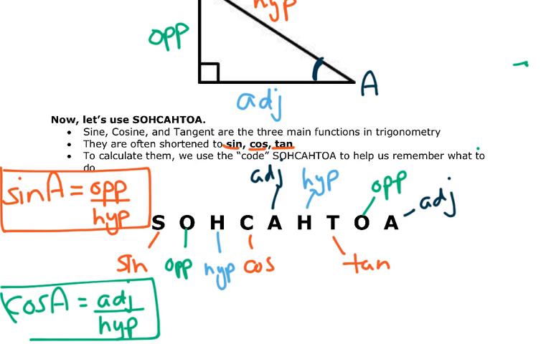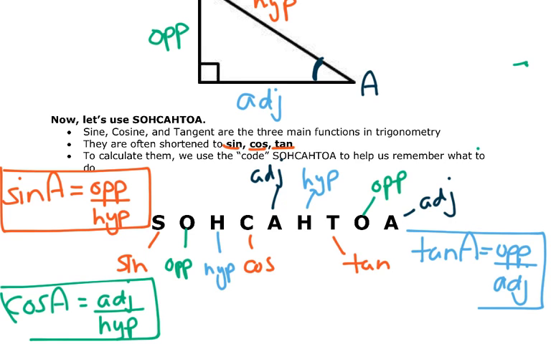And then our third and final, we've got tan. And tan is equal to opposite over adjacent. So I'm going to write tan, and we need to find an angle, we'll call it A, equals opposite over adjacent. So you don't need to memorize these ratios because that's what SOHCAHTOA is for. It's to help us to remember them.